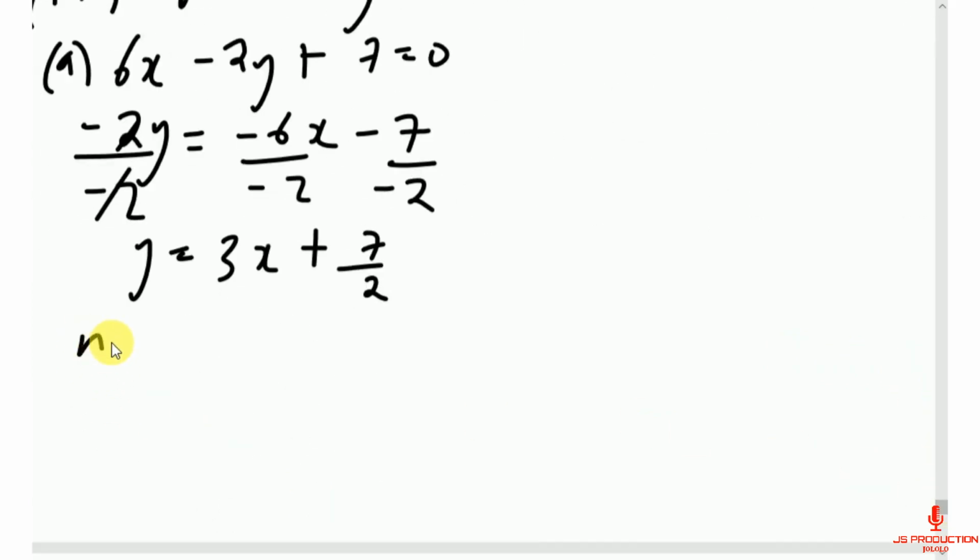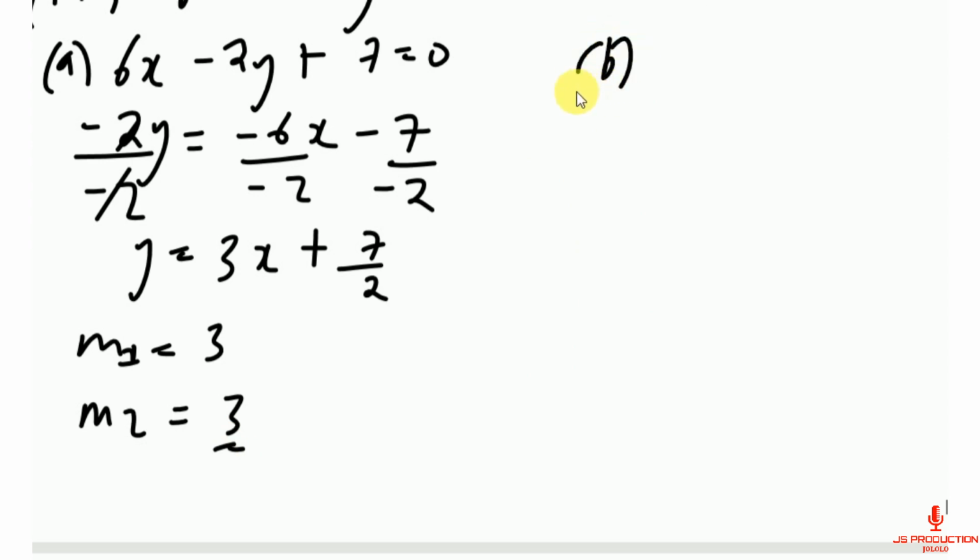So that means the gradient there, our gradient 1, is equal to 3. That means that the gradient of a parallel line, which is m2, will be equal to 3. Let us now look at B, finding the gradient of a perpendicular line to this equation.